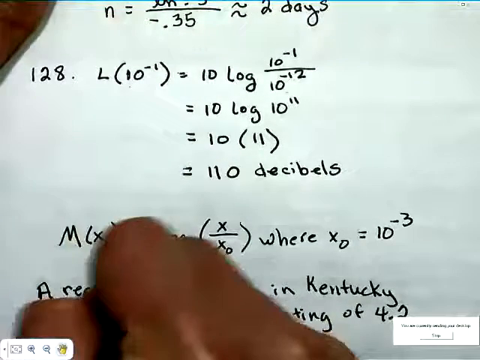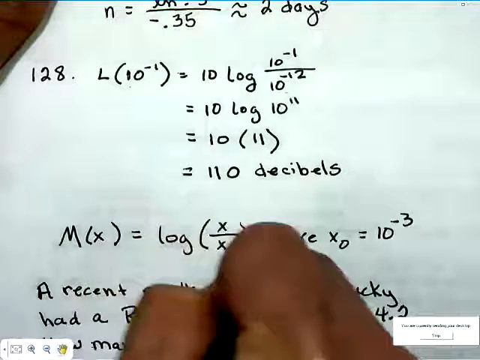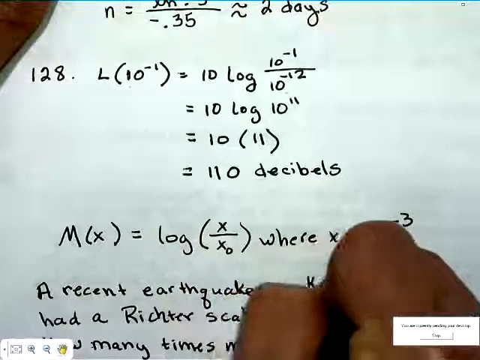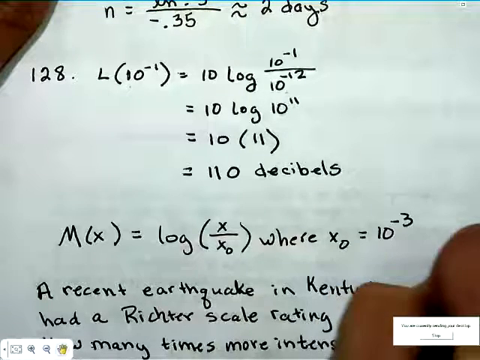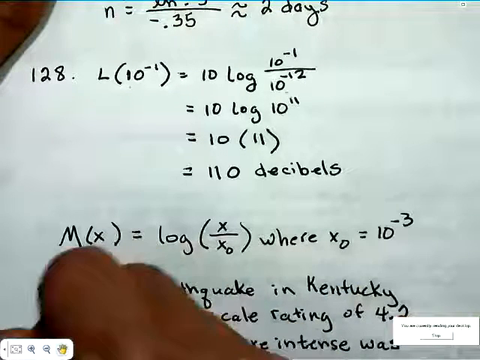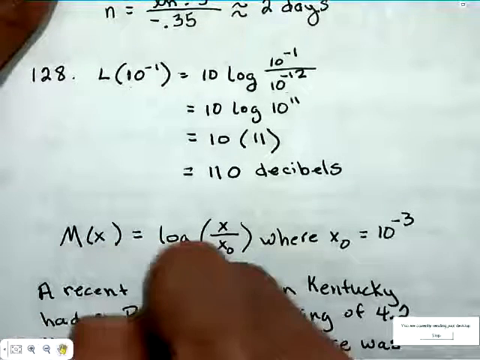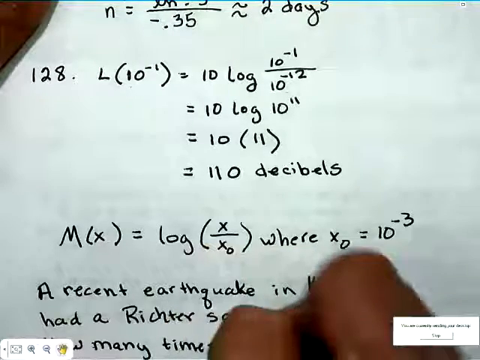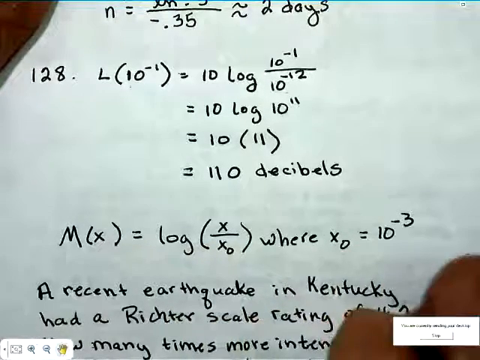How many times more intense was it than, or as compared to, the zero level earthquake?